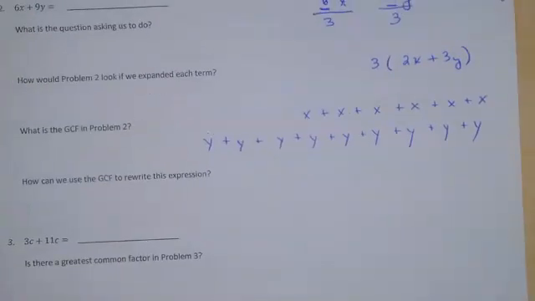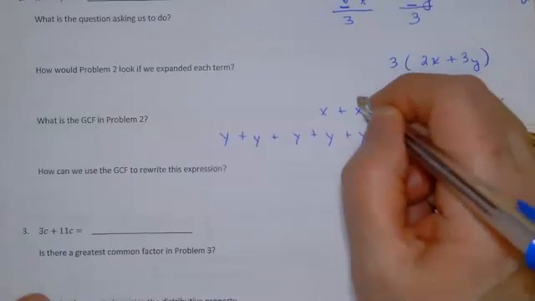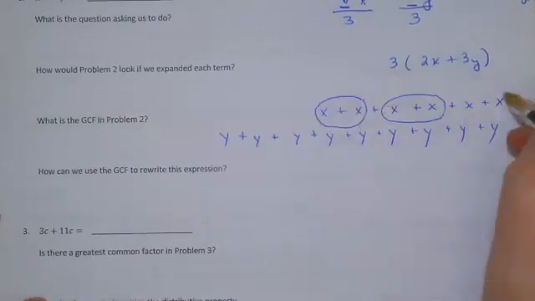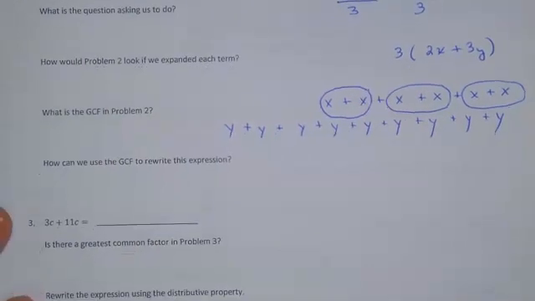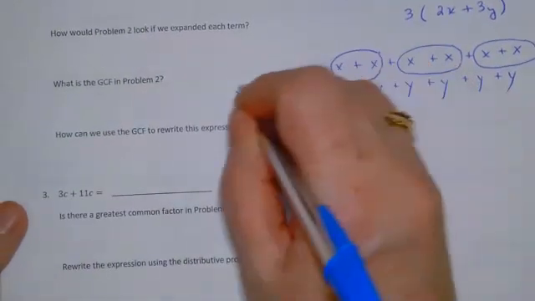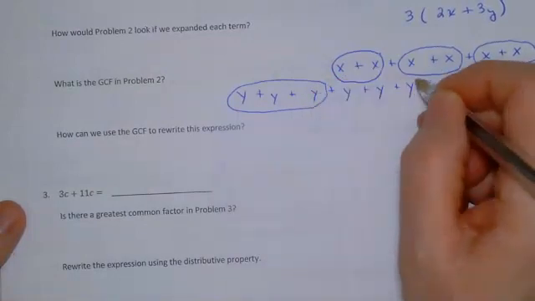And I'm going to divide these up into 3 groups. Ready? So for the x's, to get 3 groups, I'm going to put 2 in each group. But for the y's, if I put them in 3 groups, look what happens. They have an extra.